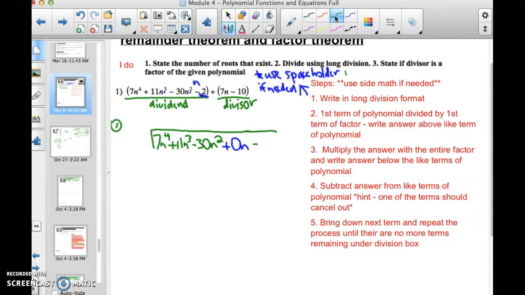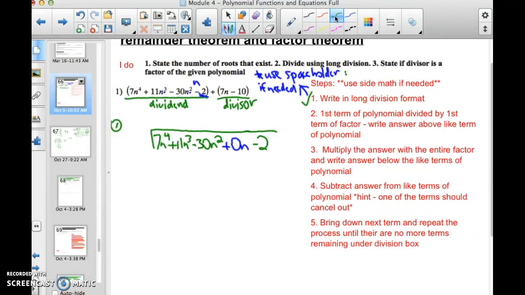And then finally, my -2. All right? So, with the space holder, I'm done with step 1. I wrote it in long division format with the space holder. You won't always need a space holder, you just have to check the powers. If it starts at 4, is there going to be a 4, a 3, a 2, a 1, and then the constant? If it skips over 1, then you need a space holder.